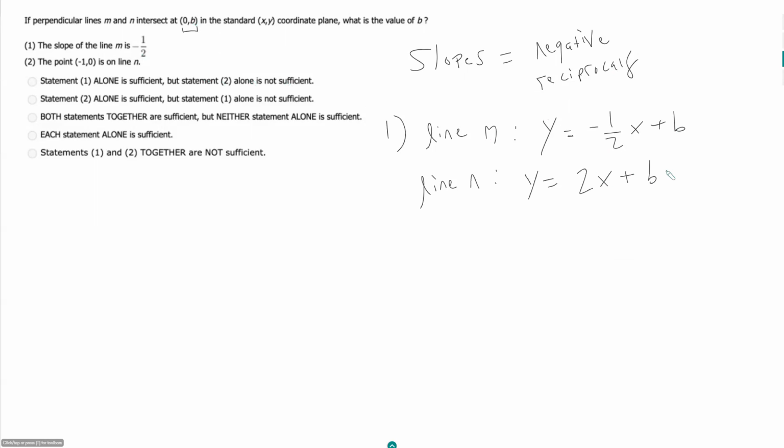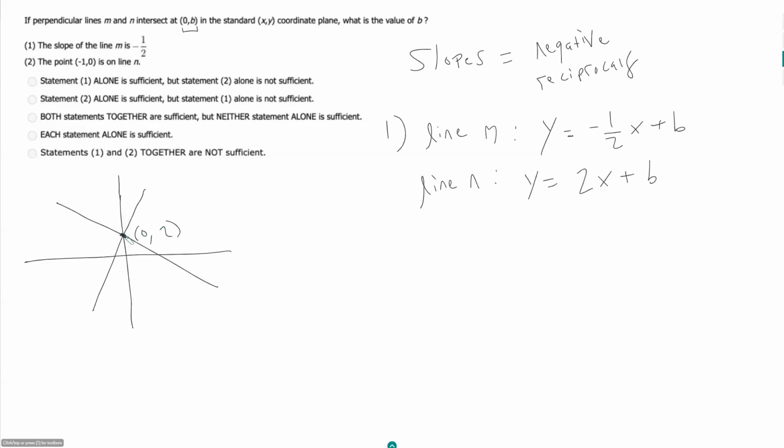But they're asking us to solve for this y-intercept, and even though we have two equations, we still don't have enough information. Just knowing that they share this y-intercept, that y-intercept can still be anything. So we can have two lines that intersect at (0, 2), for example, with a negative slope line and a positive slope line going something like that.